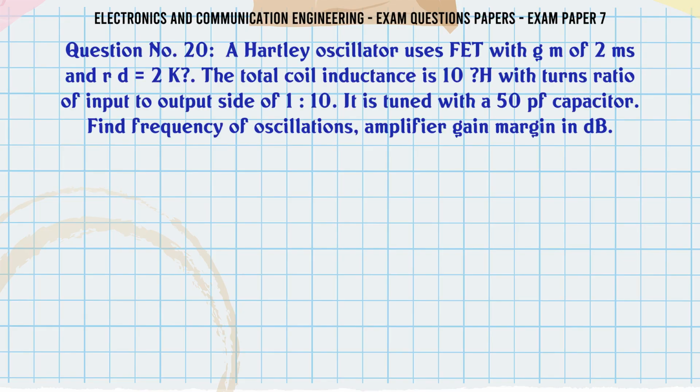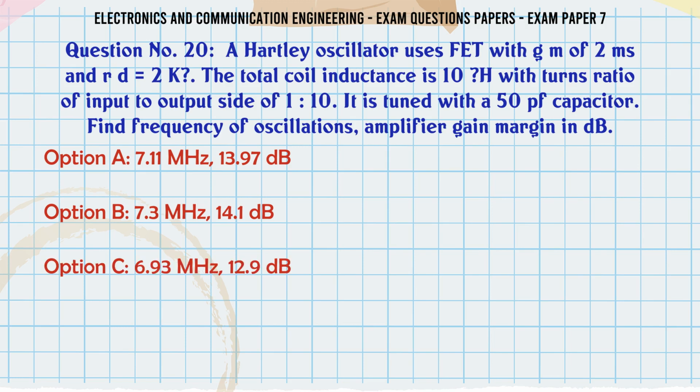A Hartley oscillator uses FET with gm of 2 mS and rd 2k. The total coil inductance is 10 µH with turns ratio of input to output side of 1:10. It is tuned with a 50 pF capacitor. Find frequency of oscillations and amplifier gain margin in dB.